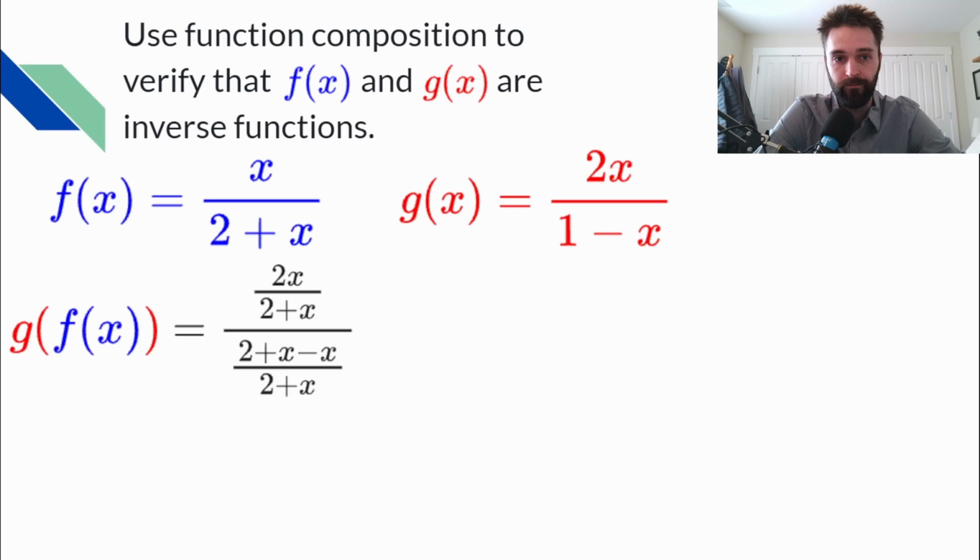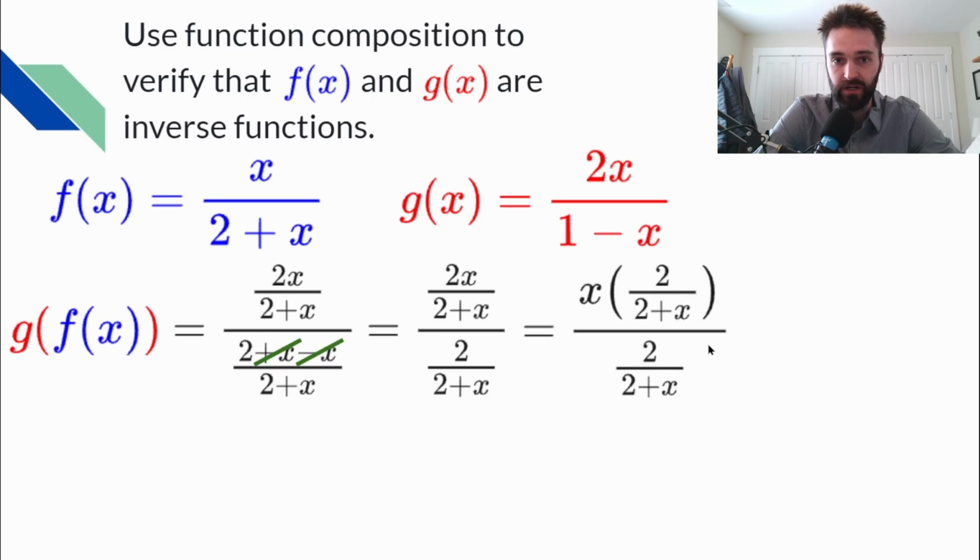And bring it over here. And then we can notice that this plus x and this minus x are going to cancel additively. So those are gone. And that leaves us with this. Okay, once again, what we can do is pull an x out of this fraction up top here to get this. Okay?